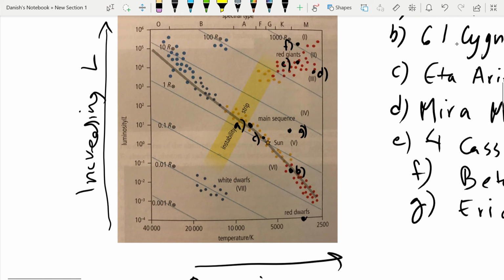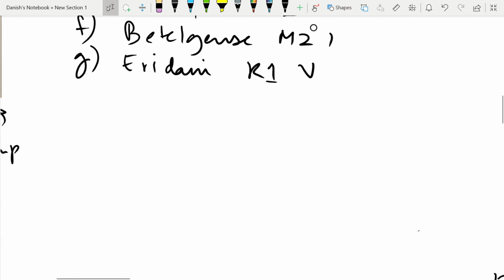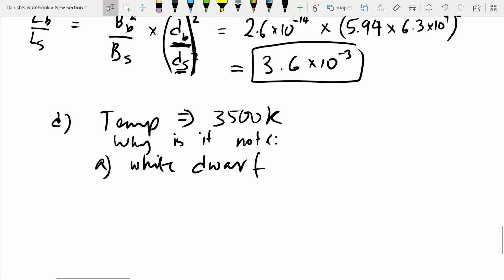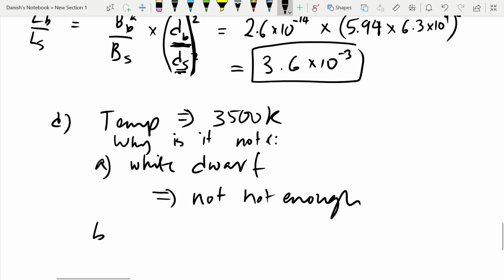So we go back. Let's find it. So the answer is not hot enough. And for the second one, it asks us why is it not a red giant?